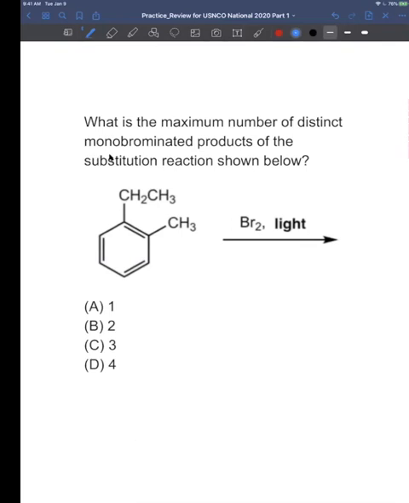Are you familiar with the word distinct? This is exactly the hint the USNCO used to tell you that you need to pay attention to stereoisomers. Okay, so let's stop here. So the correct answer is D.